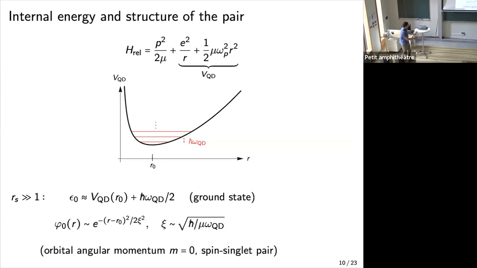So again, just to emphasize, the lowest energy state of the pair corresponds to zero relative orbital angular momentum. And by the Pauli principle, because these are two fermions after all, the corresponding spin part of the wave function has to be a spin singlet. So these are zero angular momentum spin singlet pairs that live at each of these lattice sites.